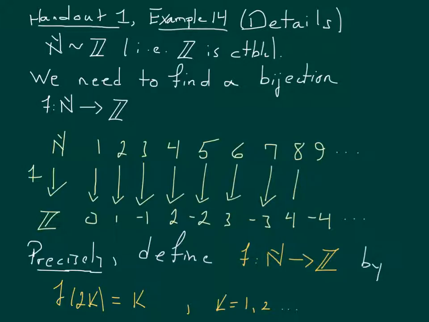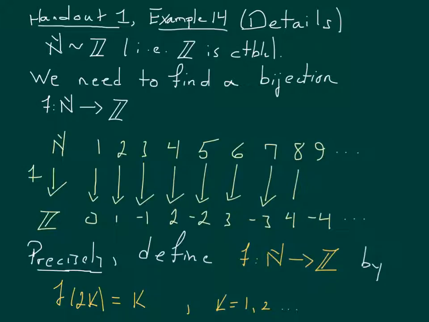And we could list all the elements in Z and obtain every single element in Z. In other words, we wouldn't miss any element in Z if we listed them in this way. We start at 0, and then we alternate between positive and negative numbers: 1, -1, 2, -2, 3, -3, 4, -4. And we can see that certainly we're going to obtain all of the integers in this way.